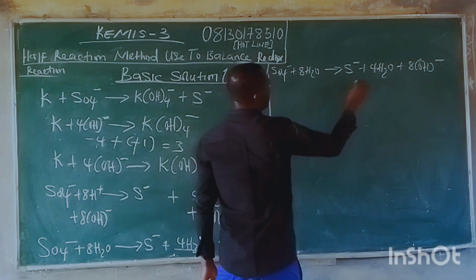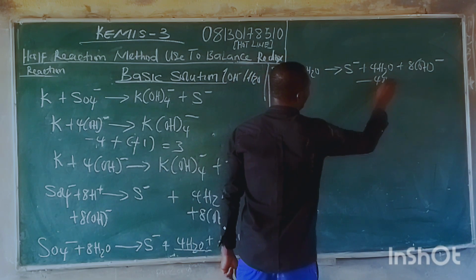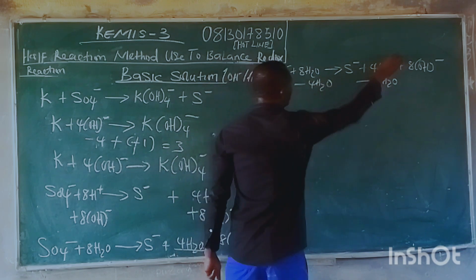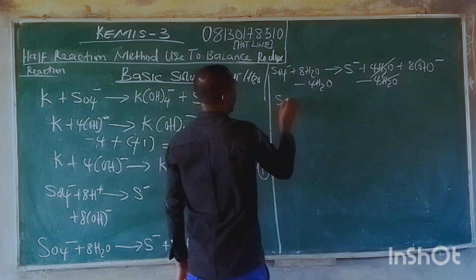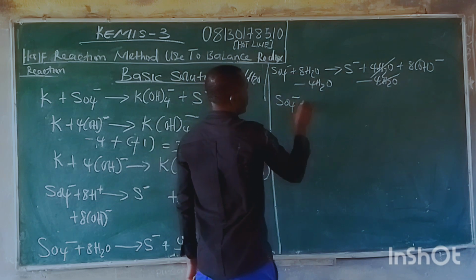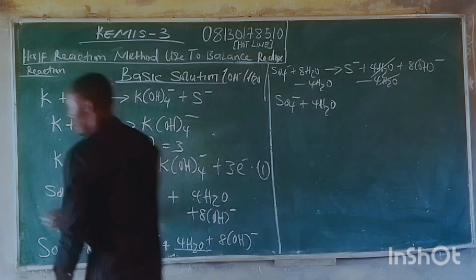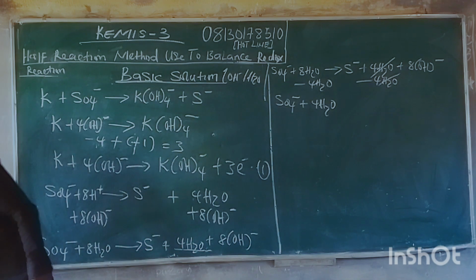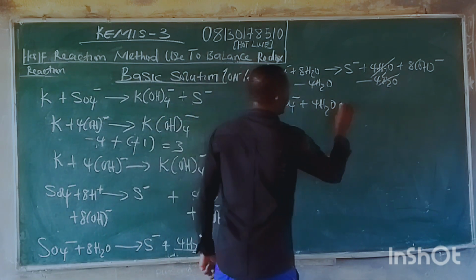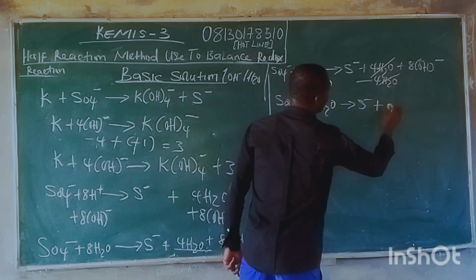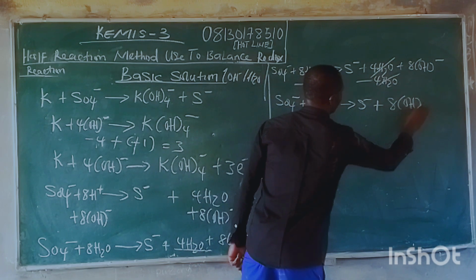Now, if I subtract 4 molecules of water from here, I have to subtract 4 molecules of water from here to reduce this equation. So what I'm going to have here is SO4, 8 minus 4, that is 4H2O, and then I have sulfur, plus 8 hydroxyl.